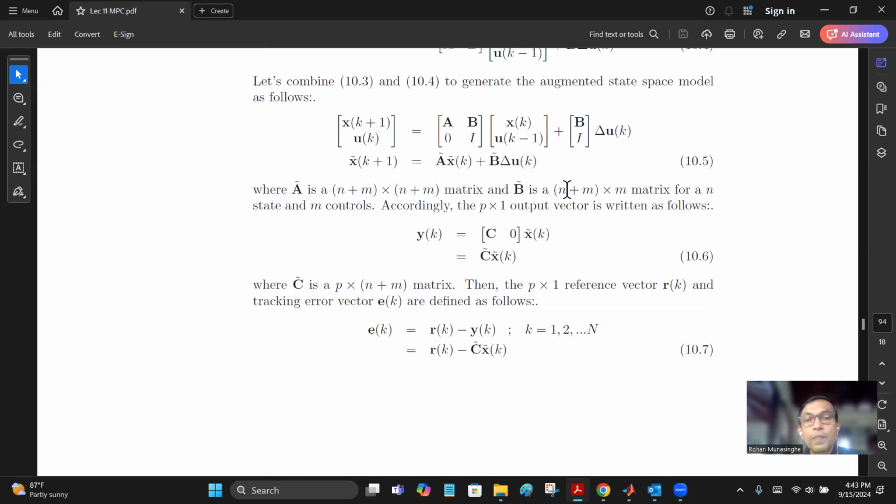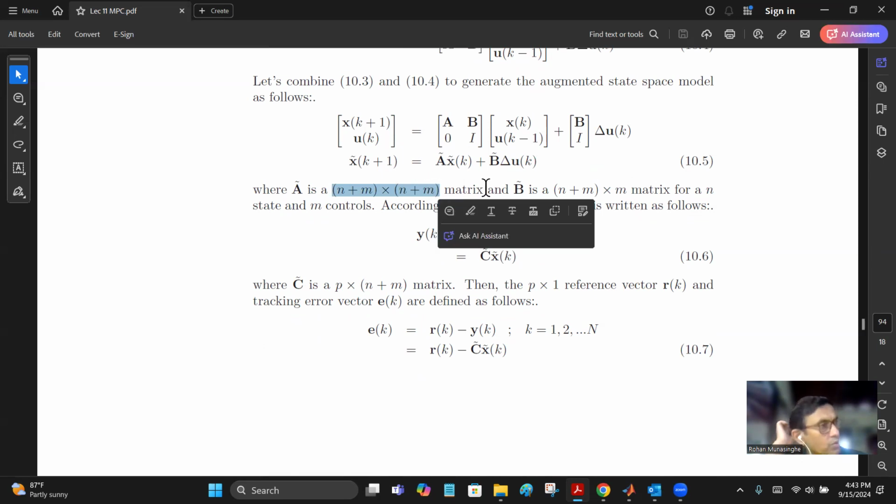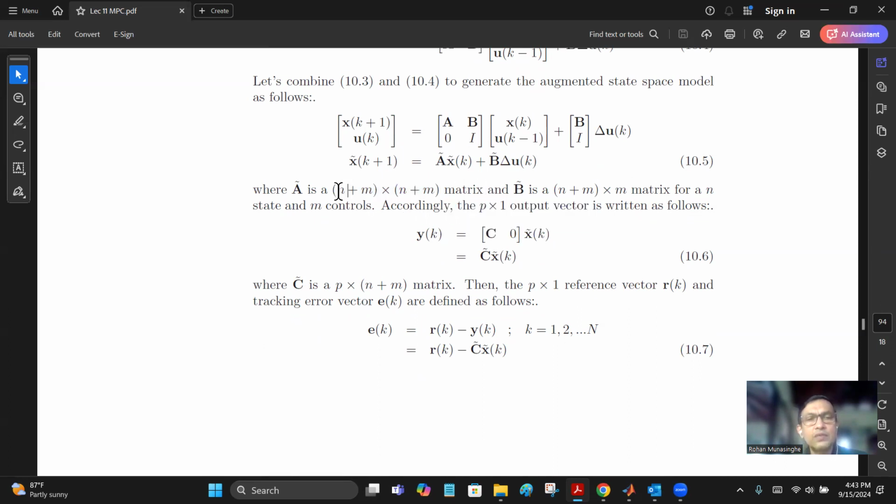Now, in the text, I have written down the sizes of these matrices. But here I'm not going to discuss that because it can distract your thinking. But I strongly recommend that when you get the text and read it, you pay some attention to the sizes of the matrices. Okay, for example, A tilde is an n plus m by n plus m matrix.